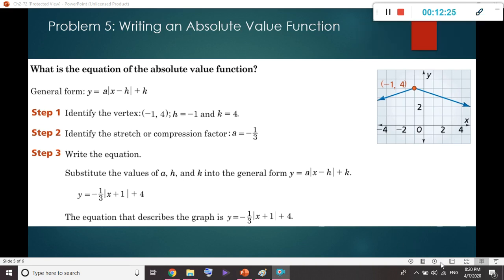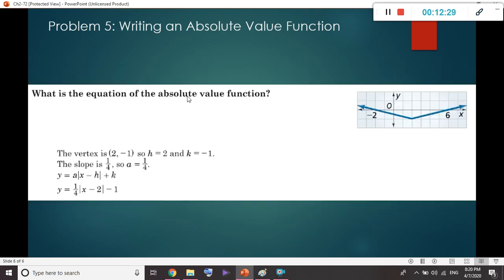Okay, so let's go to the last example we have. What is the equation of the absolute value based on this graph? Let's solve it together. Okay, so now from this graph we have to know the values. Just let me write the equation first here, which is y equals A absolute value x minus h plus k.